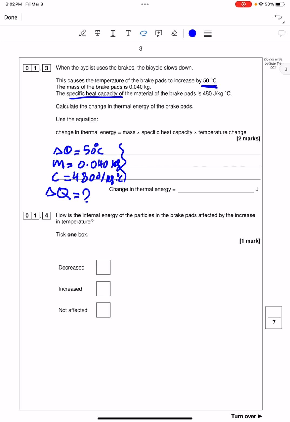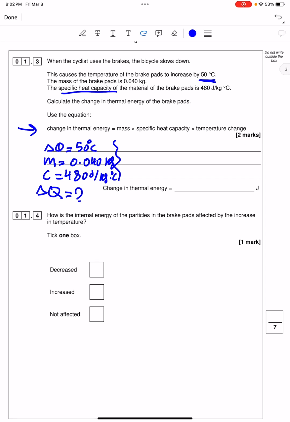With time, you will get familiar with all of them. So delta Q, again, it is written here, and in the exam is going to be given to you. So delta Q is equal to mass, specific heat capacity C, and the change in temperature, delta theta.